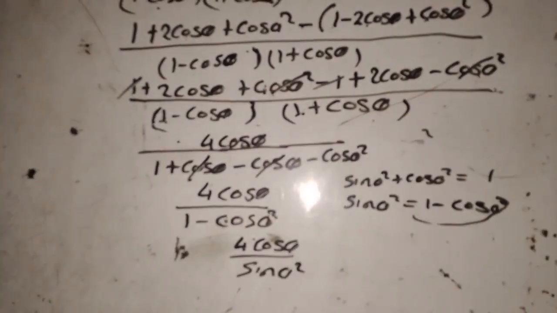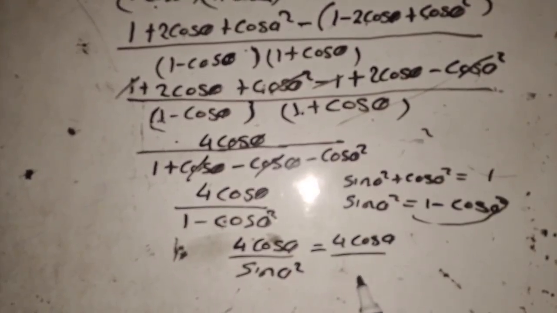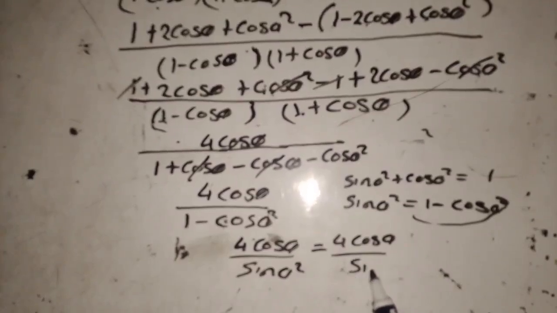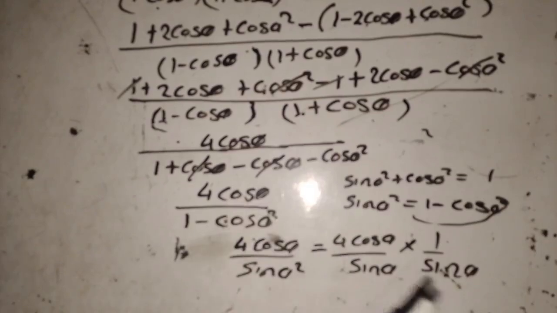When you reach this side, you can also write this as 4 cos theta over sin theta multiplied by 1 over sin theta. Our aim is to make this the same as 4 cot cosec.